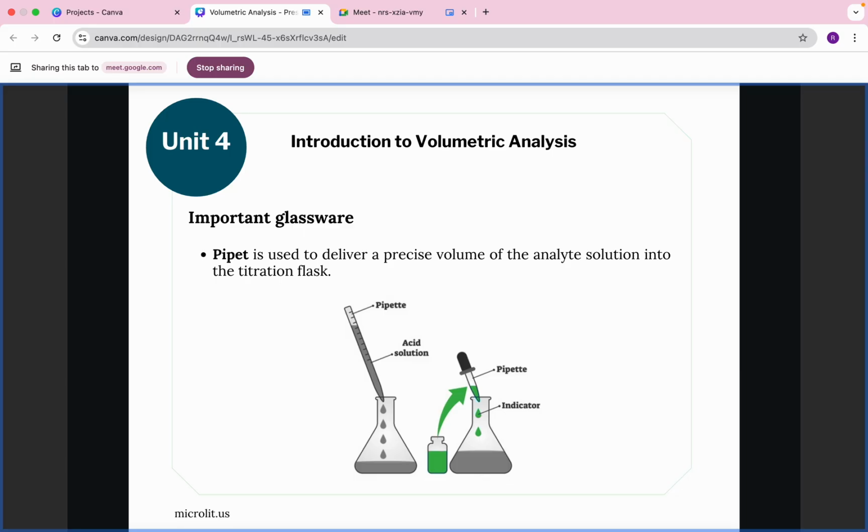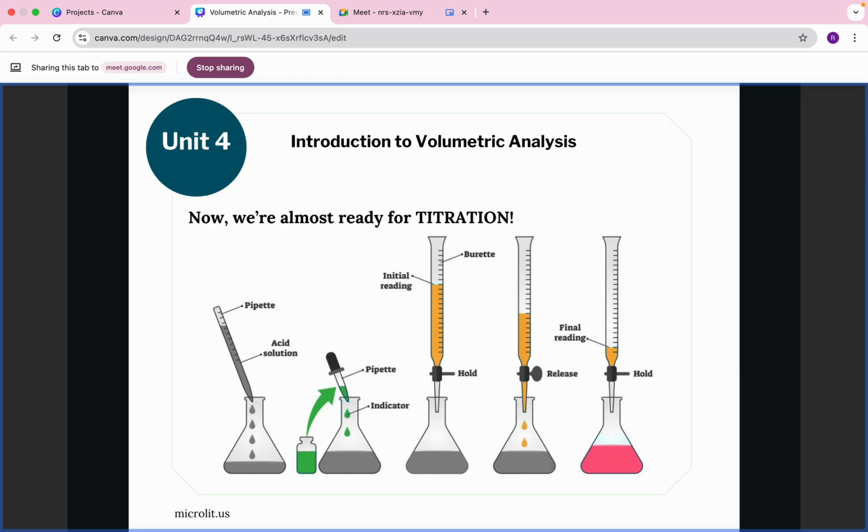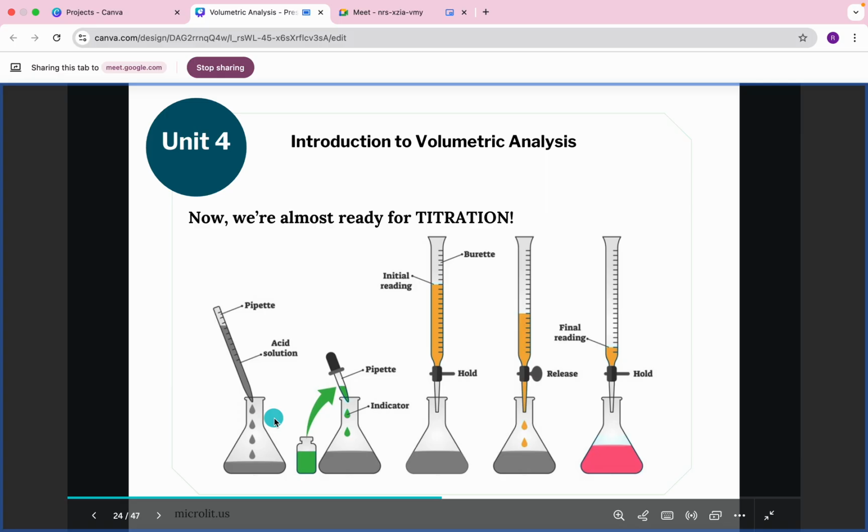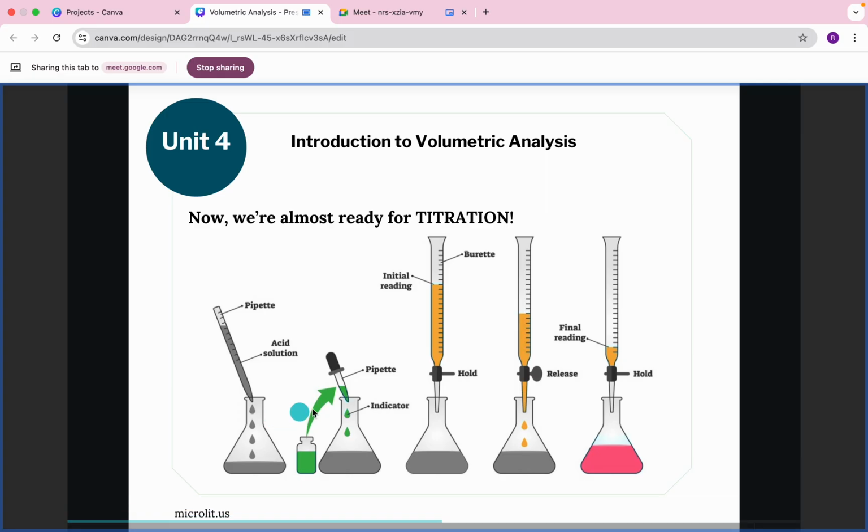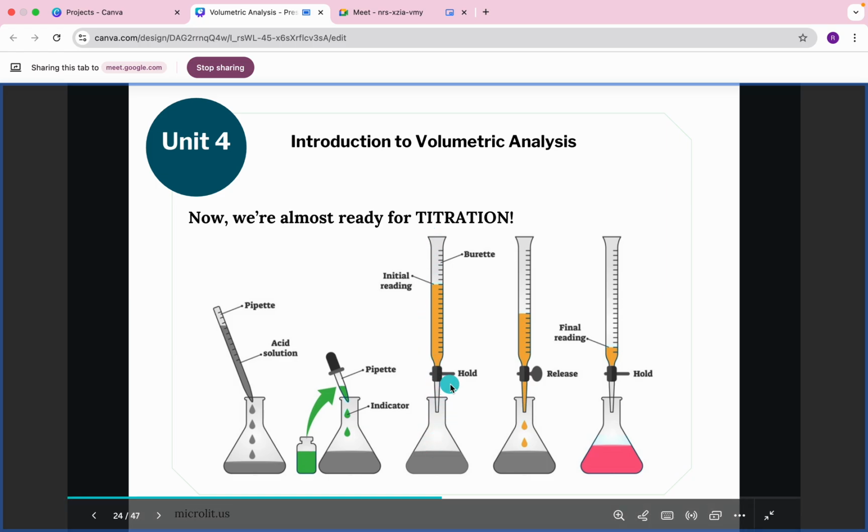Since we are already aware of the different terminologies and glasswares that we can use for titration, we are now almost ready for titration. After you prepare the sample, the titrant is placed in the burette, which is rinsed with the titrant first.